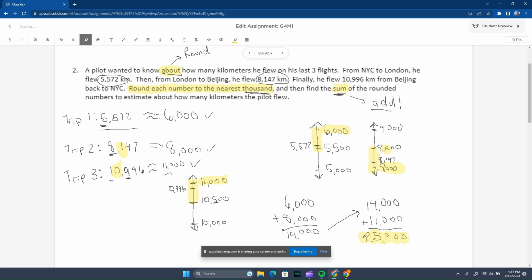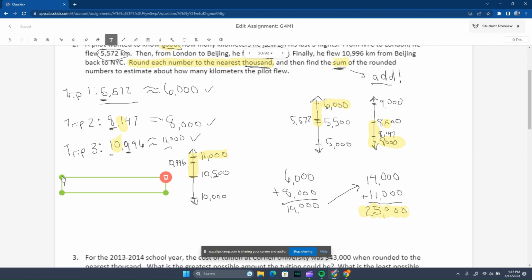So we can say, all in all, the pilot flew about, again, that about means an estimated amount, 25,000 kilometers in all 3 trips.